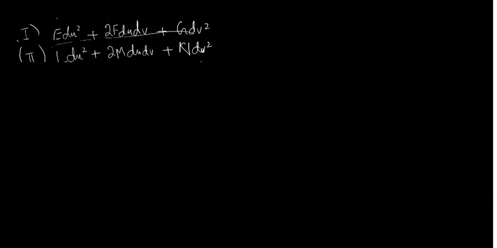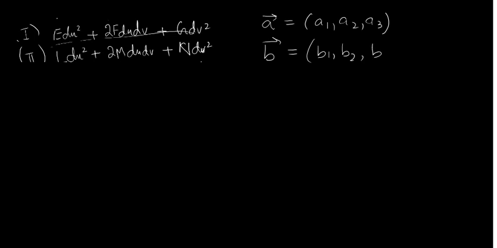Suppose A is equal to A1, A2, A3, and B is another vector B1, B2, B3, and C is another vector with three components C1, C2, C3.